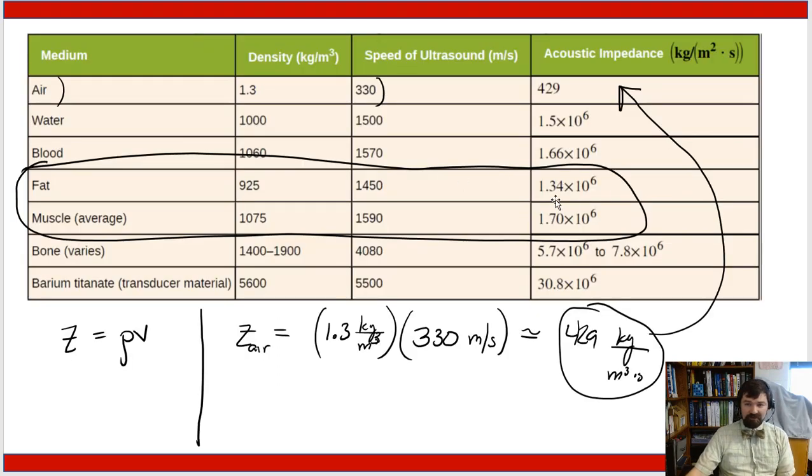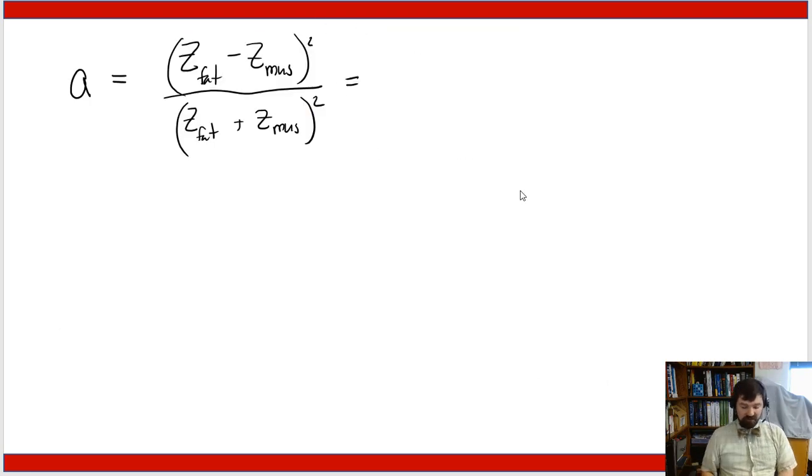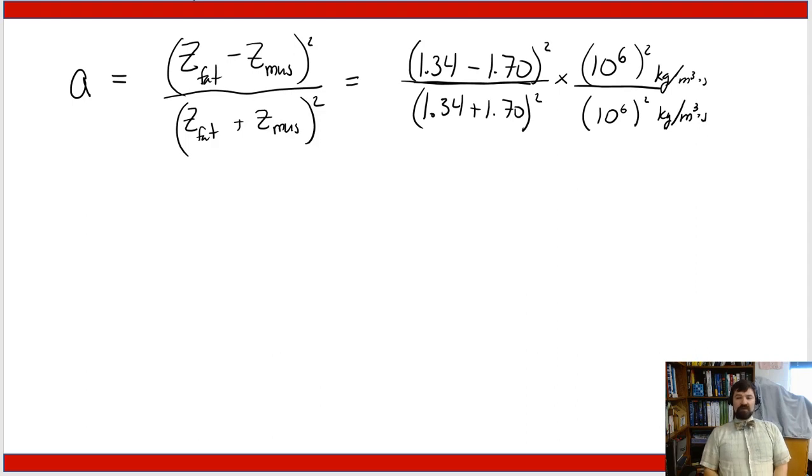That's these two numbers, 1.34 times 10 to the 6, 1.70 times 10 to the 6. All right, and it doesn't really matter since we're squaring it what order we go in, but I believe this is the order that it's written in. I've pulled out the times 10 to the 6s, since it's a common factor of all of them. I pulled out the units because it's a common factor of all of them.